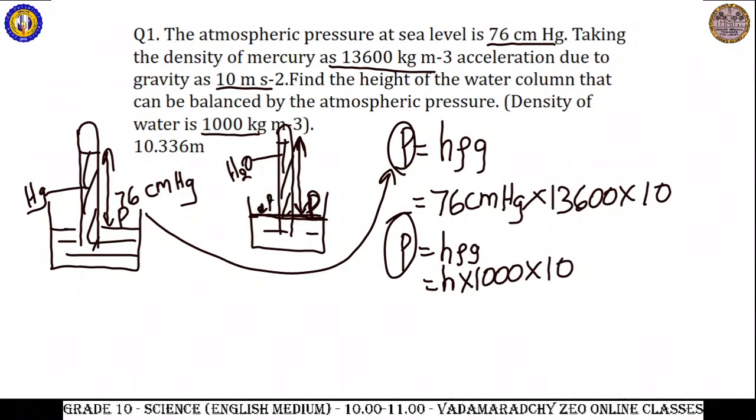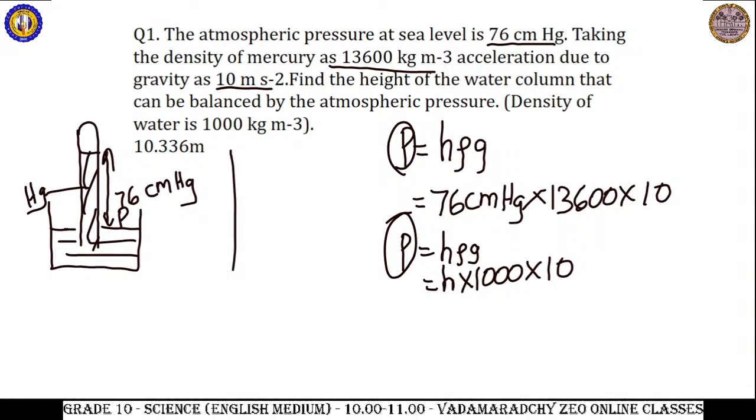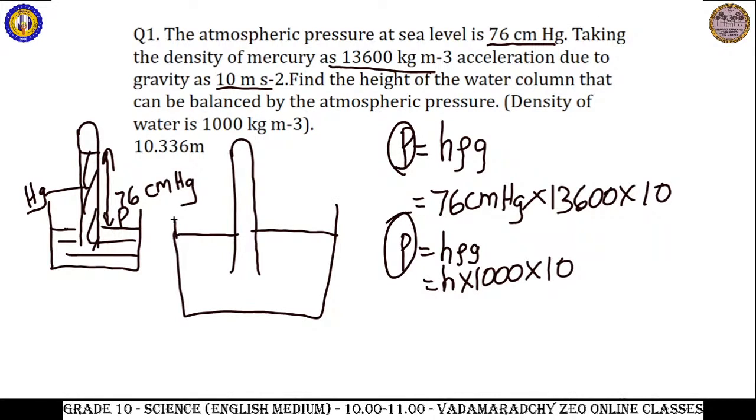To find this atmospheric pressure, we already know the pressure at the same level of liquid is the same. At the surface of the mercury, atmospheric pressure is exerted. Throughout this level, the pressure is the same. Are you clear?